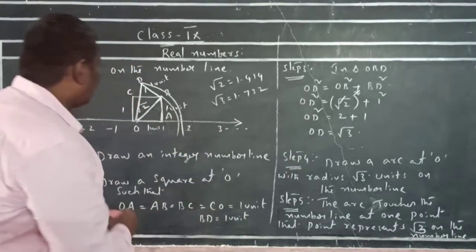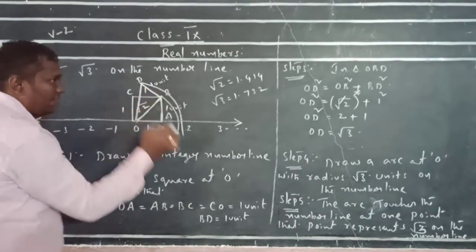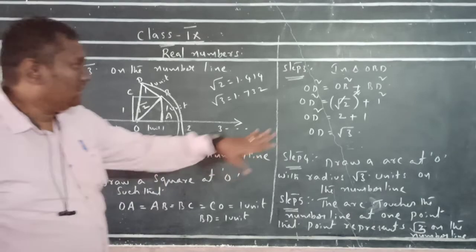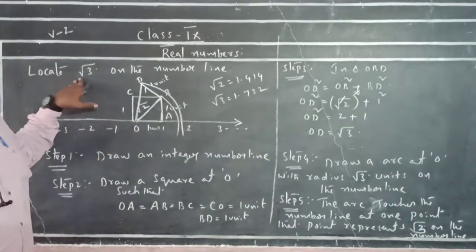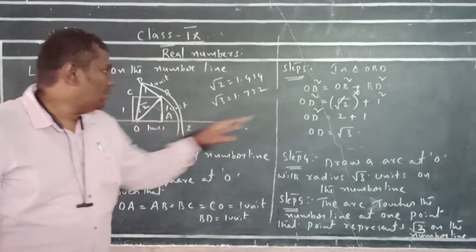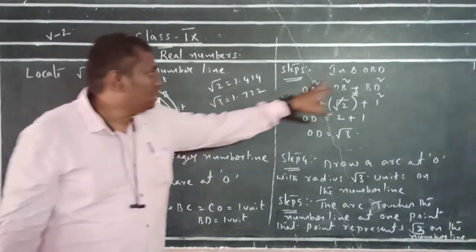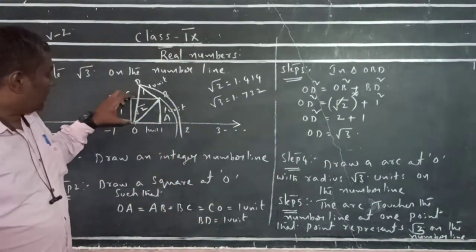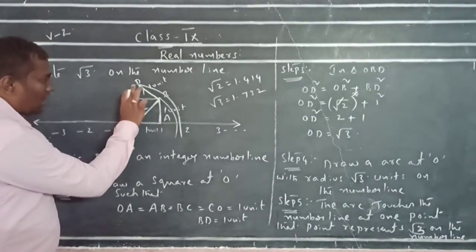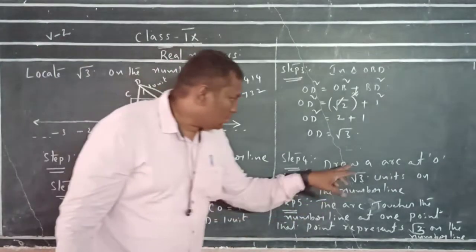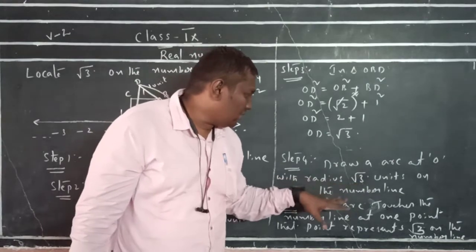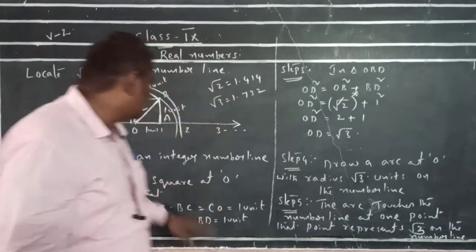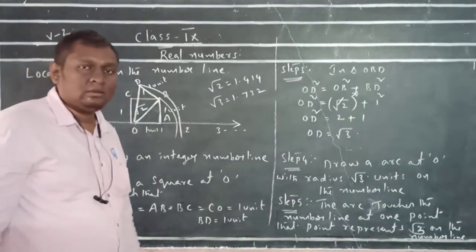Here apply the Pythagoras theorem in triangle OBD, same as in locating root 2 on the number line, but the triangle is different. In triangle OBD you get the root 3 value. Draw an arc at O with radius root 3 units on the number line. Then the arc touches the number line at one point. That is root 3 on the number line.